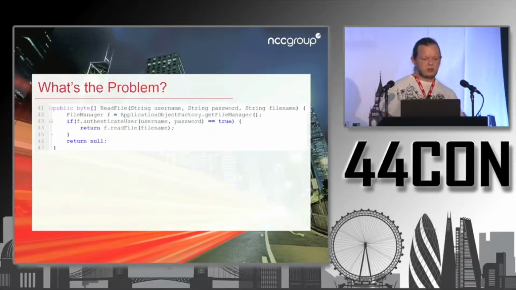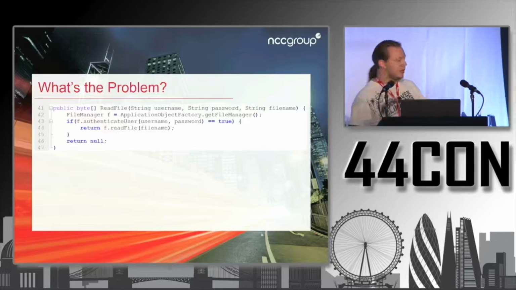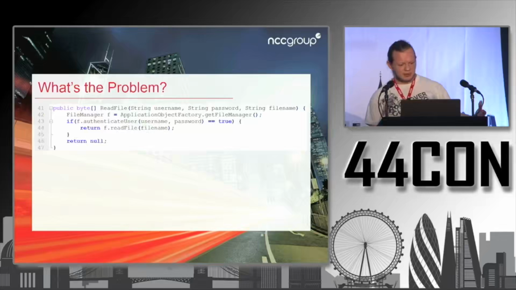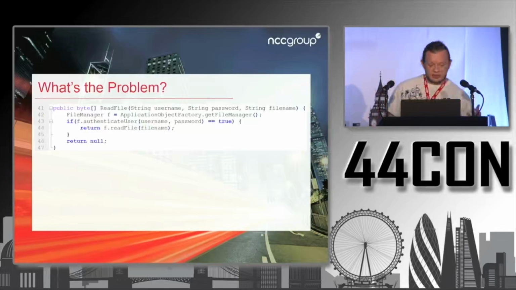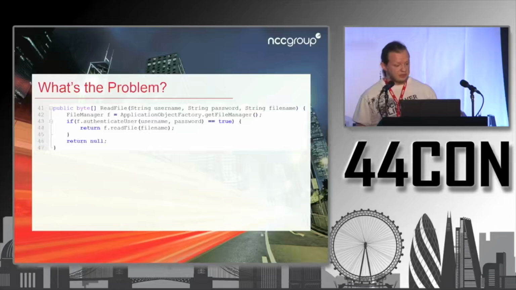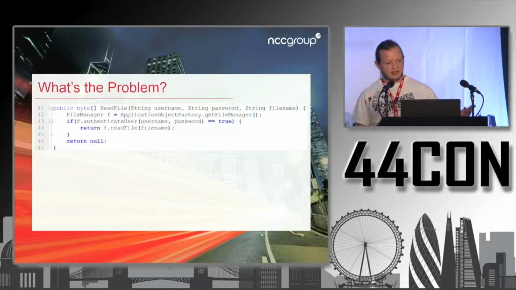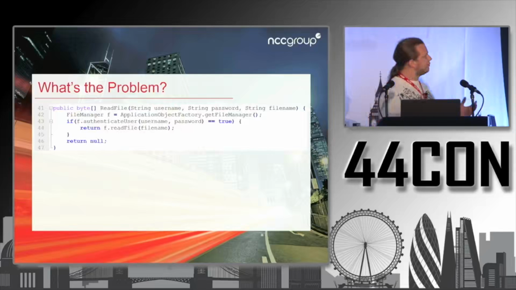So what's the problem with all of this? This is a fairly reasonable sounding method if this was on the server side of an application. Obviously, you'd have to look into the method calls that this makes to say whether it's secure or not, but we've got a read file method that accepts a username, a password, and a file name. It gets this file manager object.